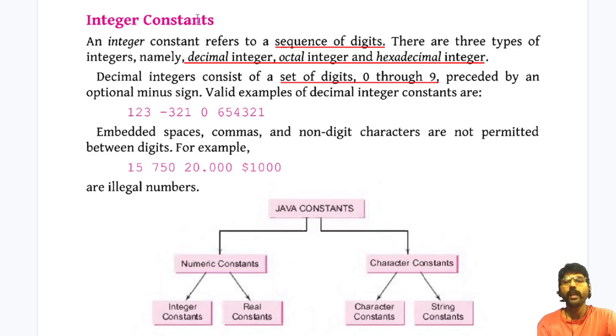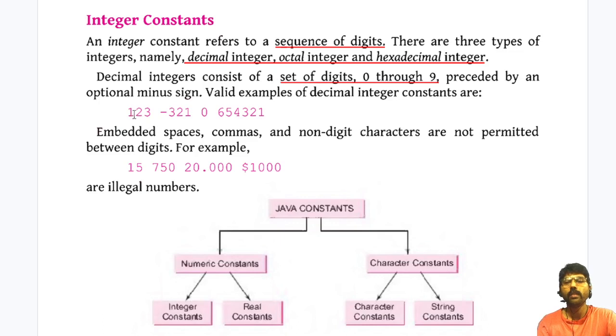If you create an integer constant using decimal integer, we use a set of 10 digits, ranging from 0 to 9. If you want to create a decimal integer, we need digits 0 to 9. Now, these integer constants have a sign, maybe positive, maybe negative.